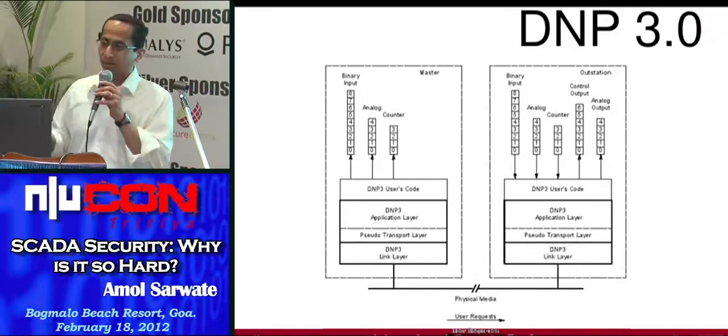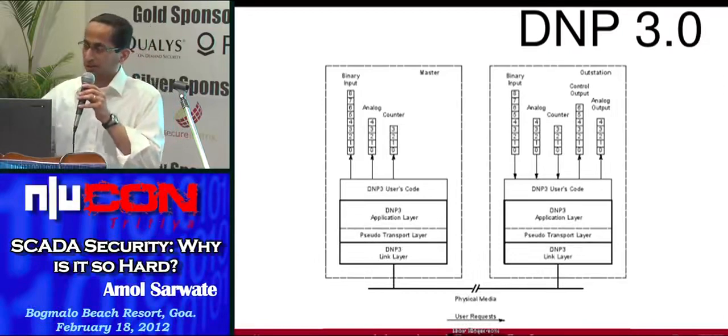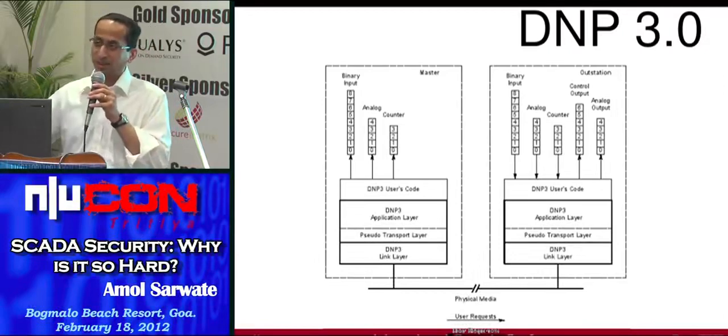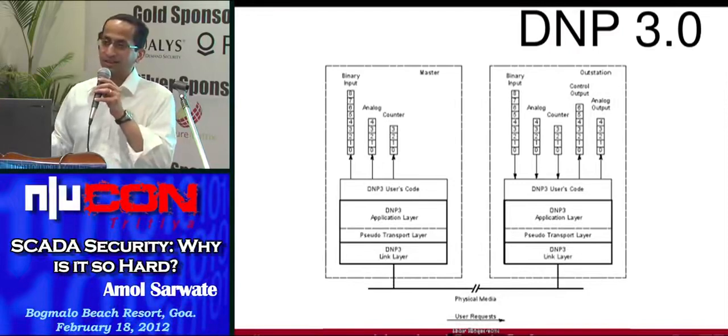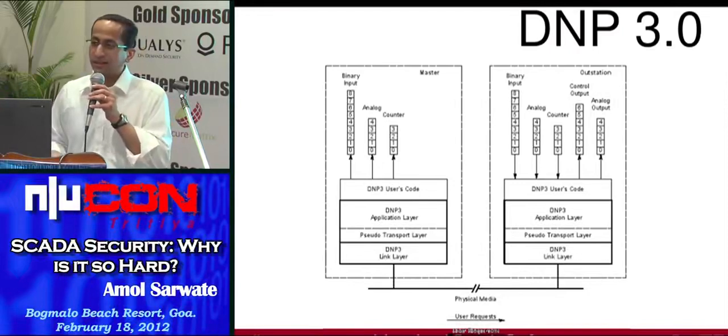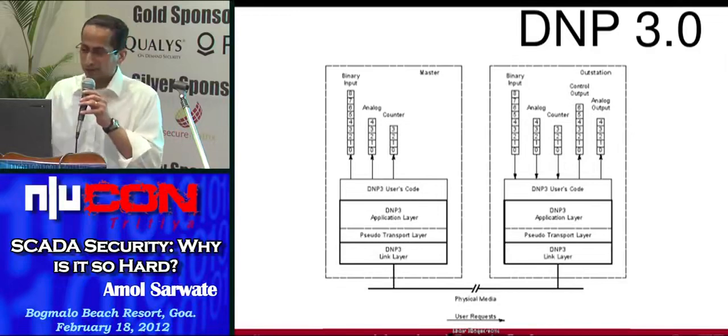So DNP3 introduced timestamps, where I say, okay, this is my time, and when a response comes back, it has a timestamp which says this was the temperature at that time. So at least the client, the person who calls this, knows that these were the readings at this time. And it has many other enhancements over Modbus.